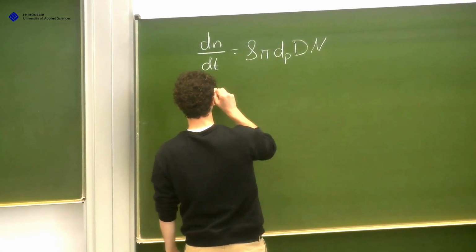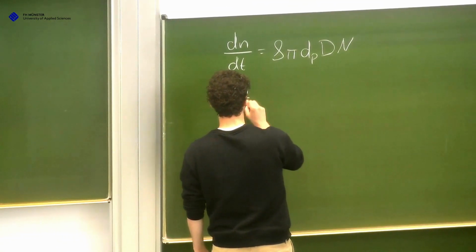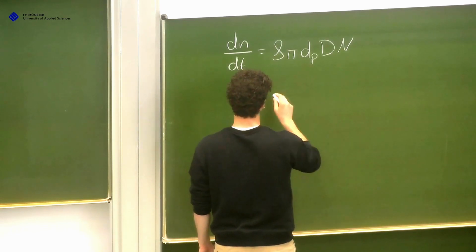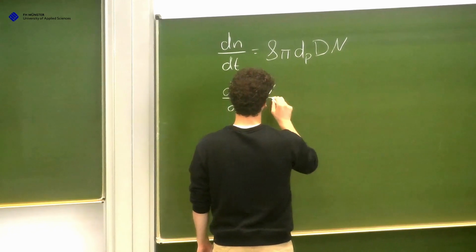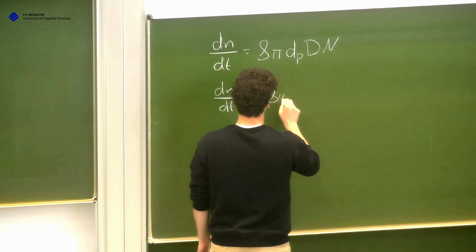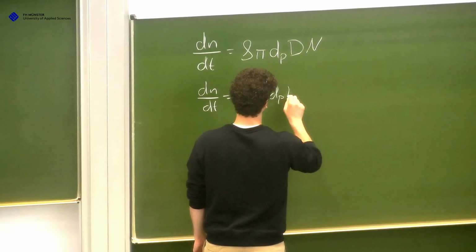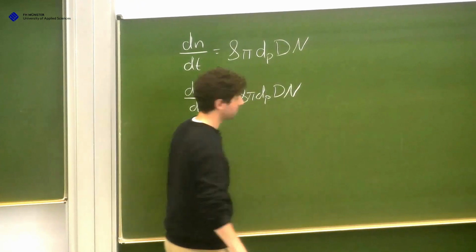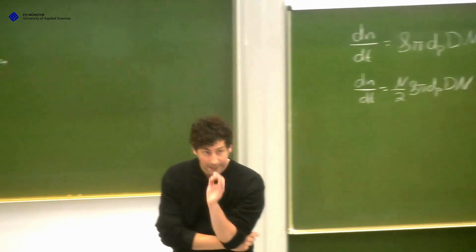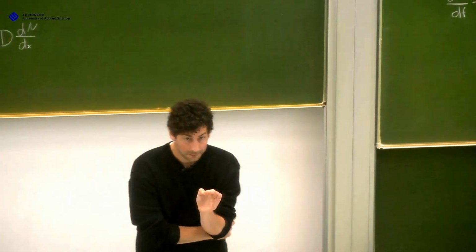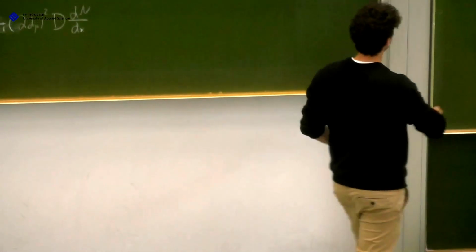And this is dn dt. And now I have n half 8 pi dp dn. So I add n half. Why? So this is for one particle.